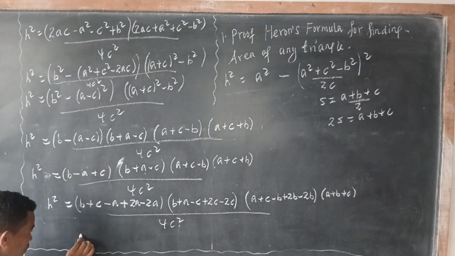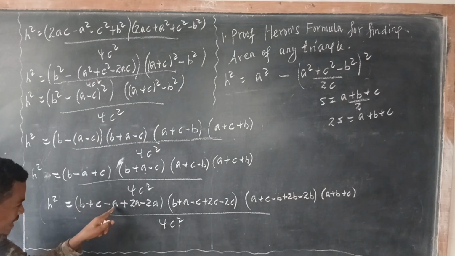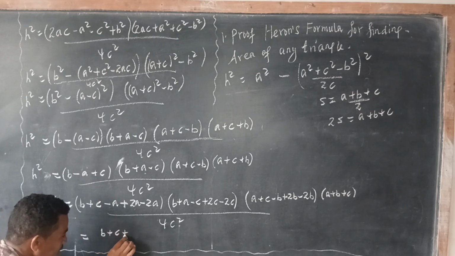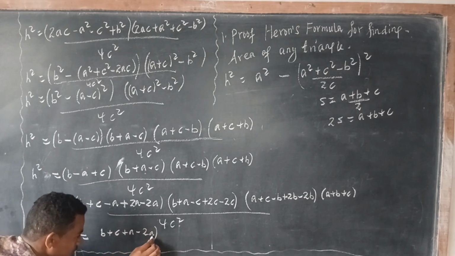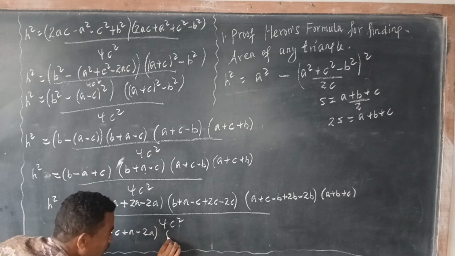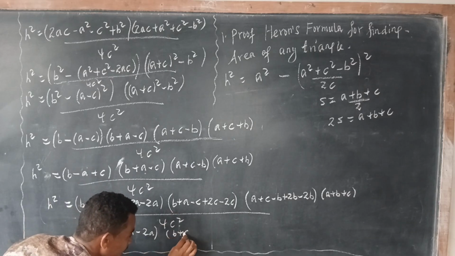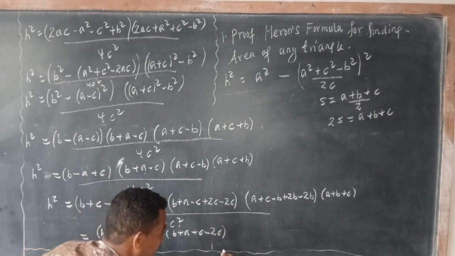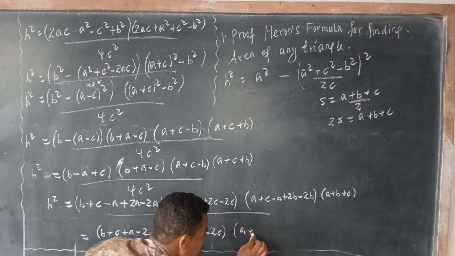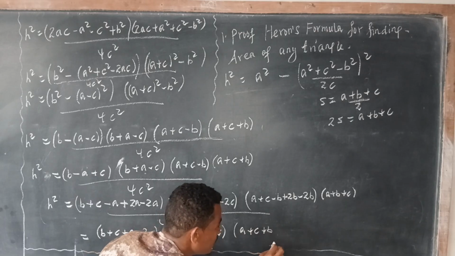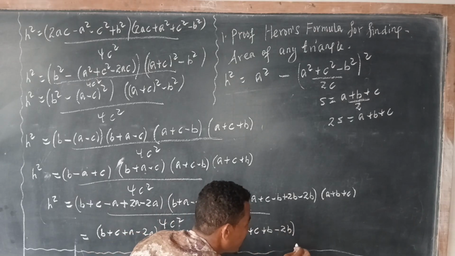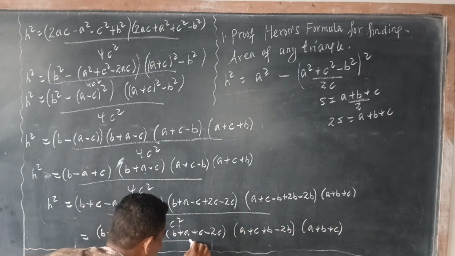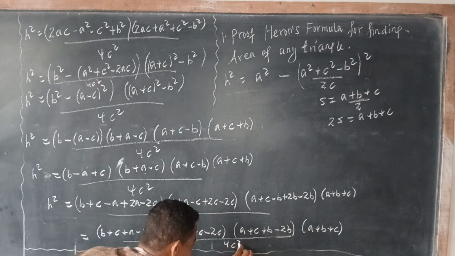Now this is the same with b plus c minus a plus 2a, which is b plus c plus a minus 2a, and the next one is b plus a plus c minus 2c, and again in this case a plus c plus b minus 2b, times a plus b plus c, over the whole over 4c square.